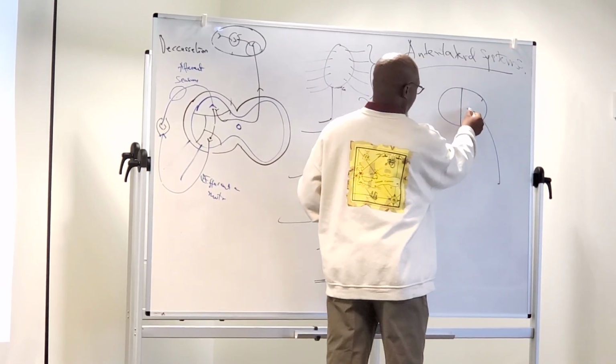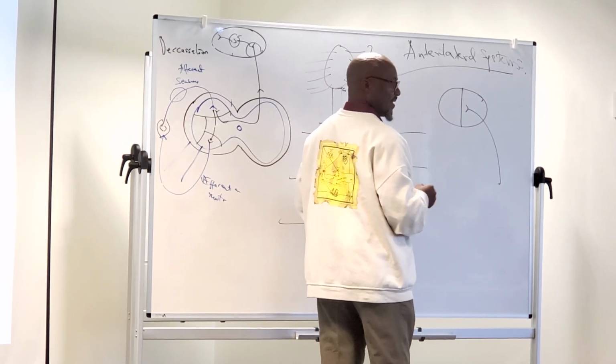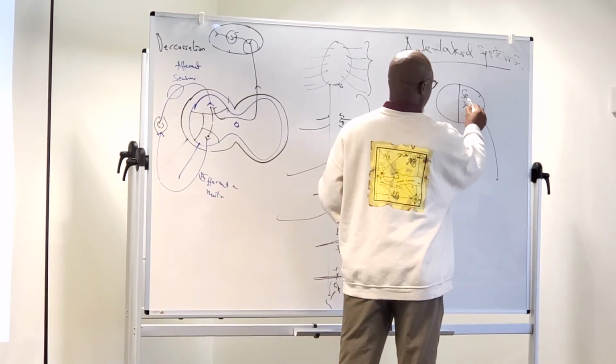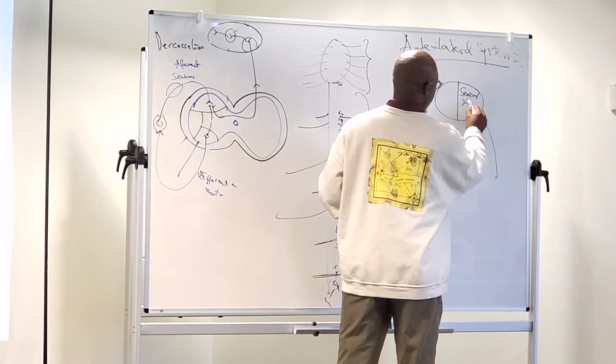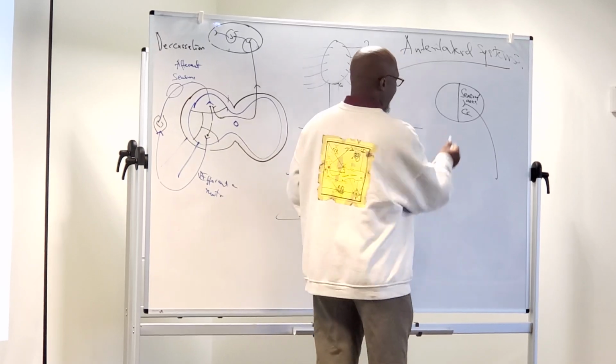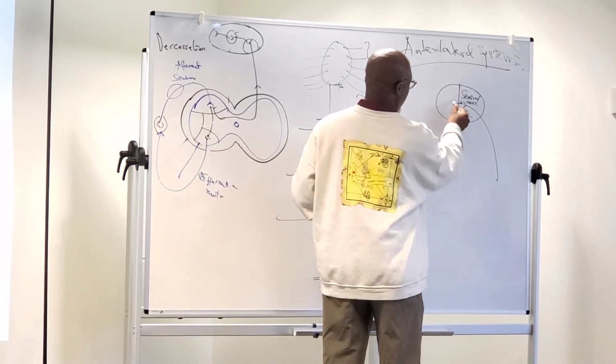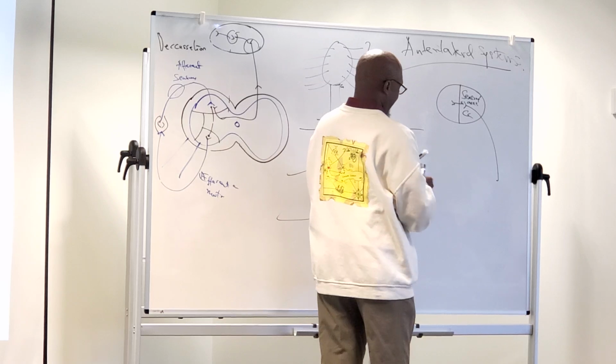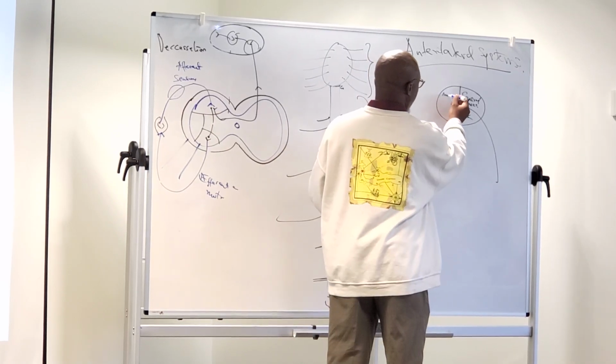The sensory pathway ends here, so this is the sensory area of the cerebral cortex. Then it feeds this through an interneuron, and from this is the motor area.